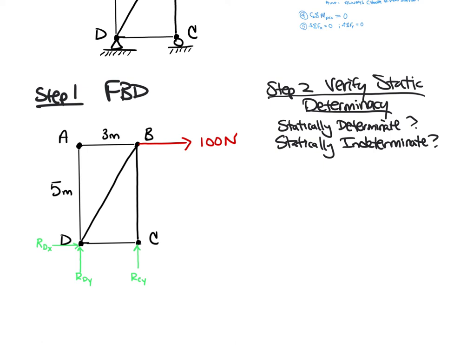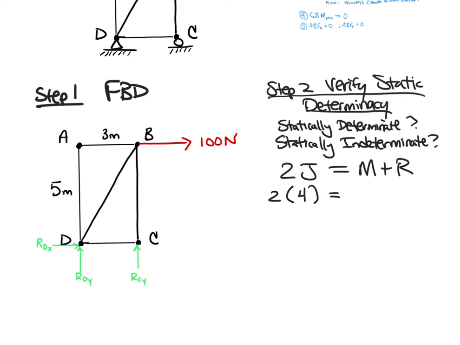But anyway, statically determinate or not is the question. So we go back to the equation from our steps that you just wrote down earlier, 2J equals M plus R. We said J was number of what? Joints. How many joints do I have? 4 joints, A, B, C, and D. So we're going to replace that variable with the value, 2 times 4.